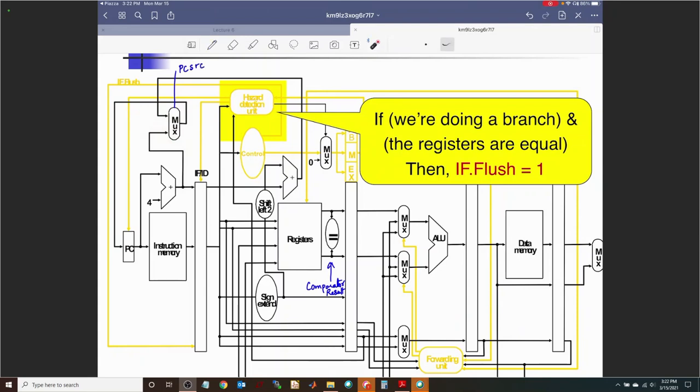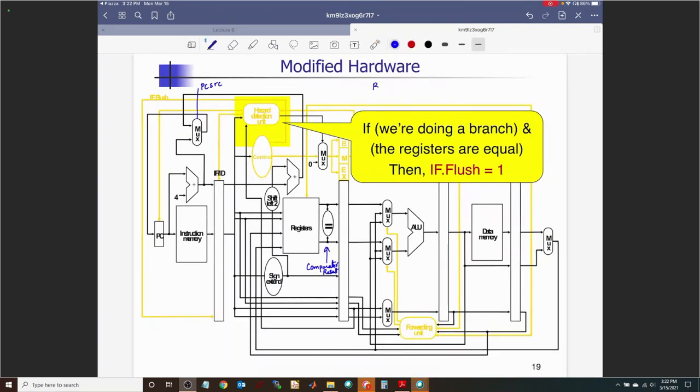So you would branch when the comparator says equal, and something else needs to happen, right? The instruction has to be a branch. Branch control, branch equals 1. So there is a branch output that comes out of the main control unit. That also has to be a 1.